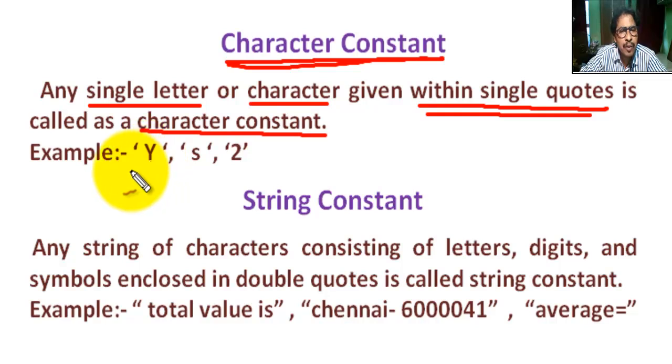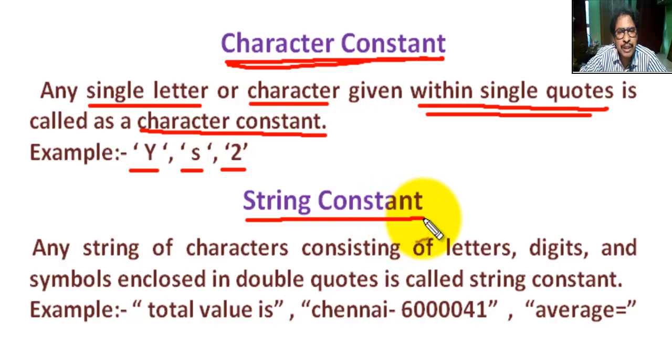Example, within single quotation y, within single quotation s, within single quotation 2. These are character constants.